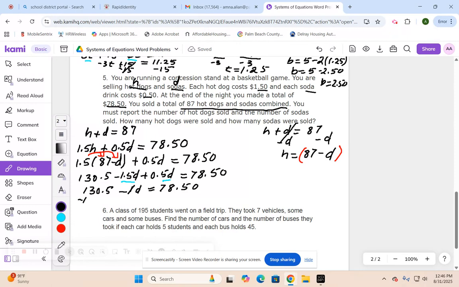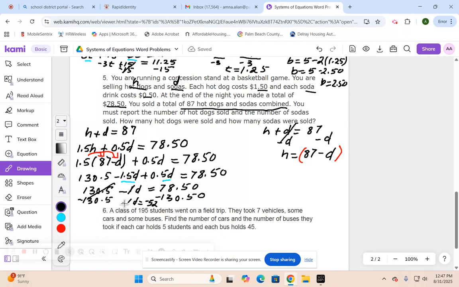We'll subtract 130.5 from both sides. You can just put this in your calculator, 78.50 minus 130.50. So this will cancel. We'll have minus 1D here. On this side, we're going to get negative 52.